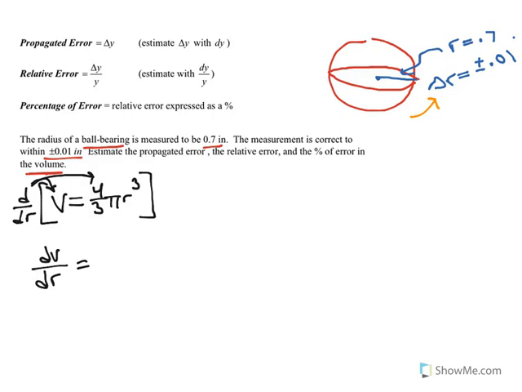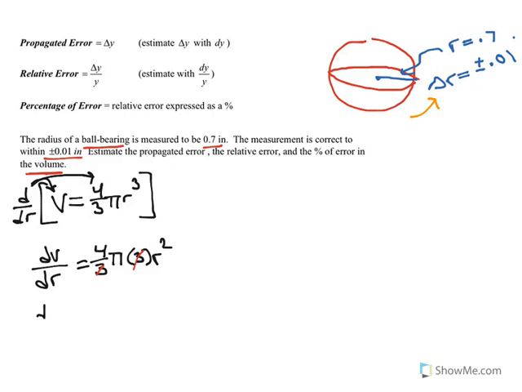Your 3 is going to come down. The 4/3 pi is all a constant. So your 3 comes down off the r cubed, and then drop it down a power. And simplify, your 3's are going to cancel, top and bottom.